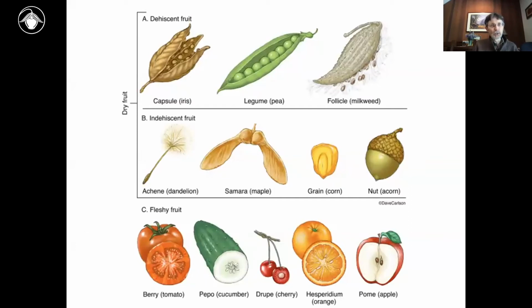And this diversity of fruits that we see in flowering plants across species represents, again, like in the case of flower diversity, coevolution with dispersers. In this case, not dispersers of pollen, as in the case of flowers, but dispersers of seeds. So we see this evidence of a lot of diversity and specialization associated with dispersal of seeds.